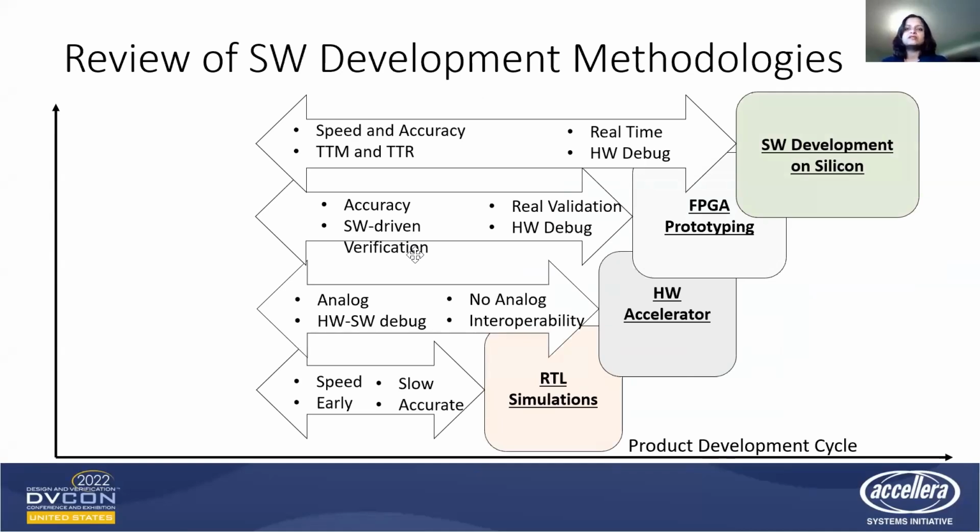Now, all these methodologies are only available a certain amount of time after the product has been defined, which means very well into the design development phase. Now, this time could range from 3 to 6 months or more, depending upon the design complexity.